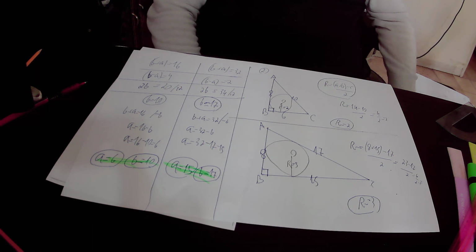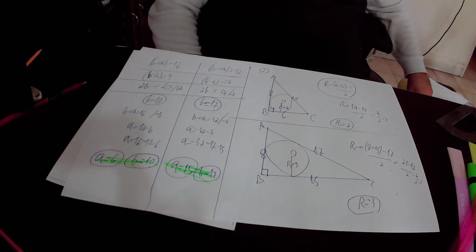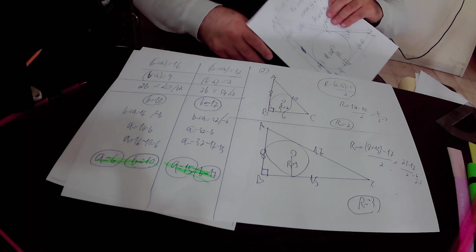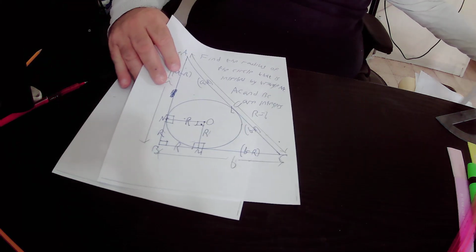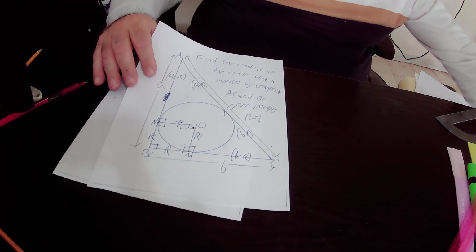So we will develop a special formula to find out the radius of any circle that is inscribed in a right triangle ABC. So here we have triangle ABC. That could be any triangle.